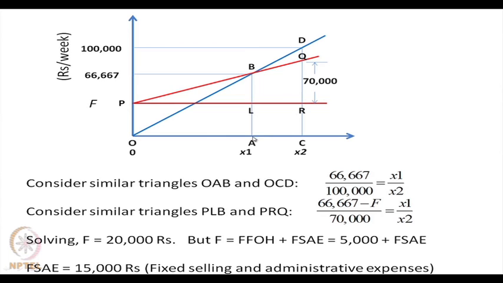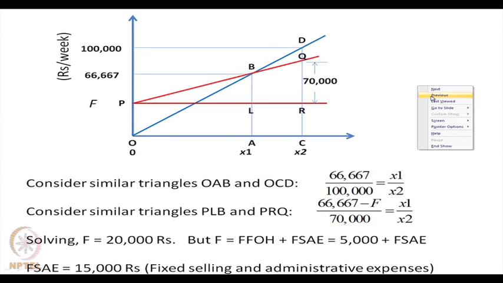Now, if we consider the triangle OAB and triangle OCD, they are similar triangles. Therefore, we can now look at this. It says the break even sales is given as 66,667, whereas the actual sales is 100,000.